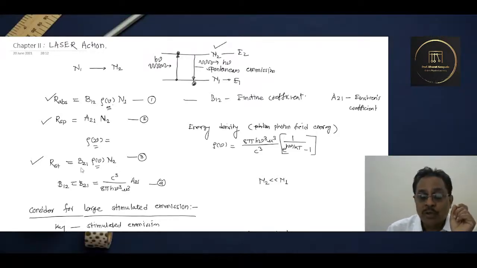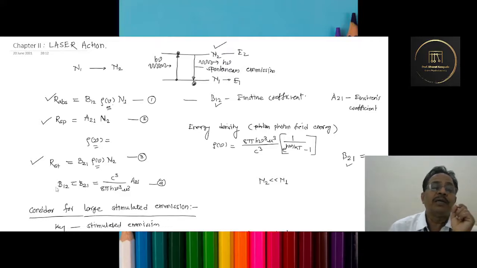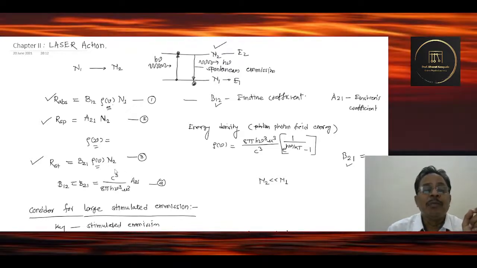Therefore I am able to write another coefficient, B21. Here was B12 and this is now B21. This is Einstein's coefficient for the stimulated emission, and therefore I can write this third equation as RST is equal to B21 times rho nu, that is the photon field density, multiplied by N2, that is the number of atoms in the excited state. That equation decides the rate of the stimulated emission.